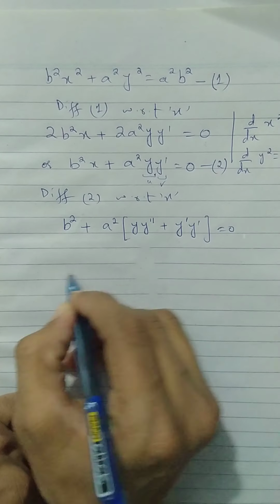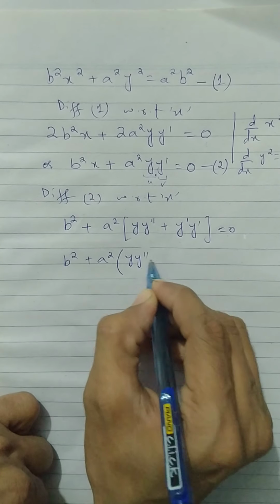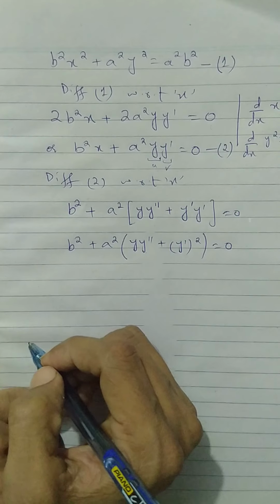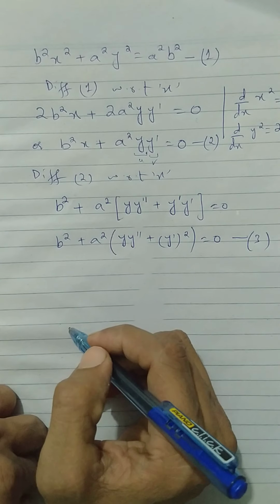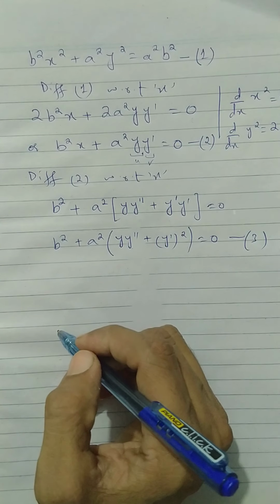So we can rewrite it as b square plus a square into y double dash plus y dash whole square equals 0. This is equation number 3. We have completed the second step of the formation of the differential equation.